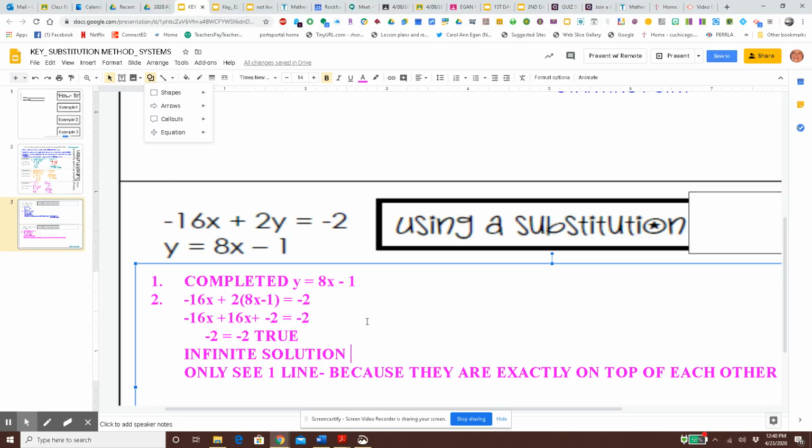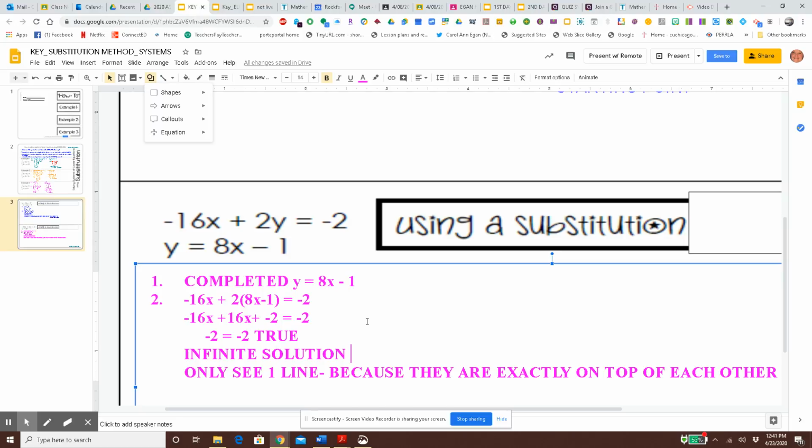So that is how you use substitution to solve a system of equations. You are using your solving equation skills, your 5 steps: distribute, combine, rewind, solve, and check, to help you find the value of both the x and the y variable. And those together make your coordinate point that are either going to be where your two equations would meet on a graph, where they intersect, where these values basically make true statements in both equations.